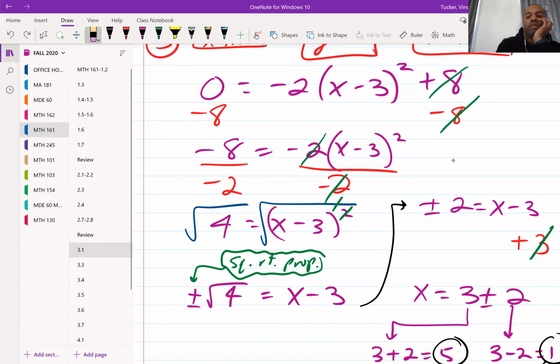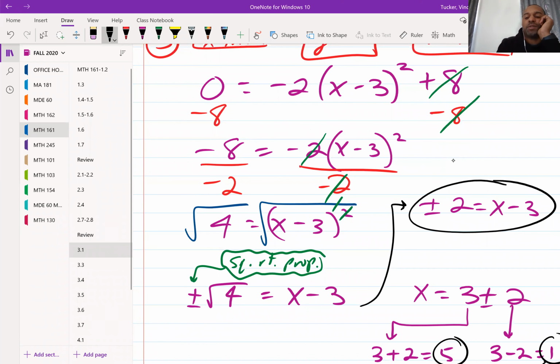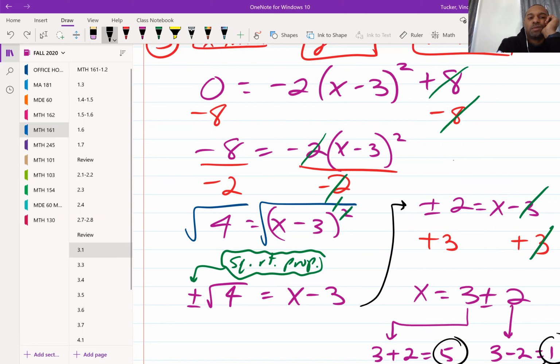That leaves us with plus or minus 2 equal to x minus 3. Now to solve for x, we add 3 to both sides. Then that gives us x equal to 3 plus or minus 2.